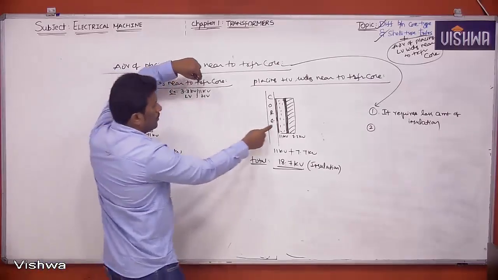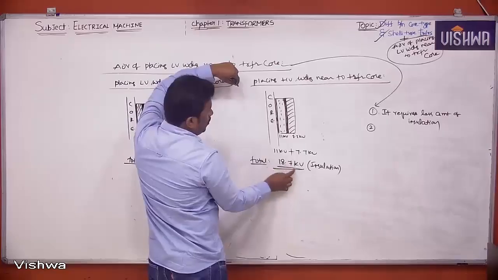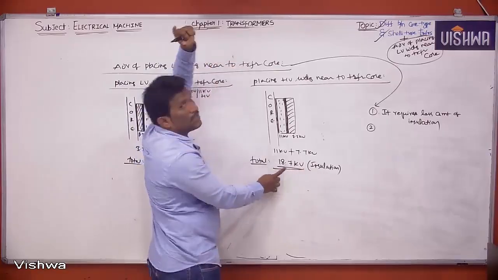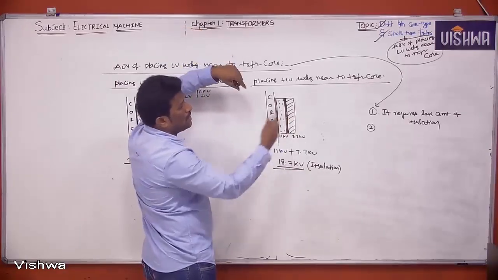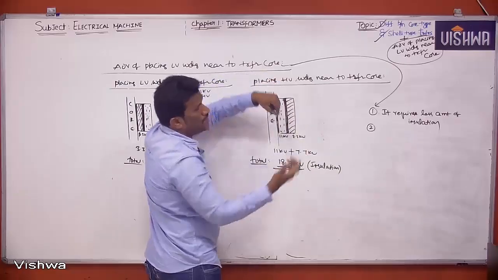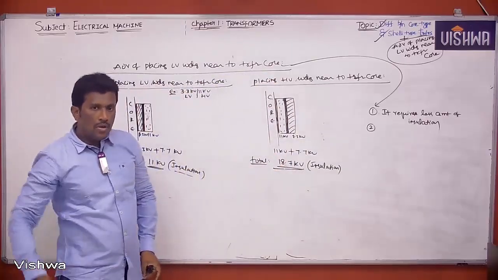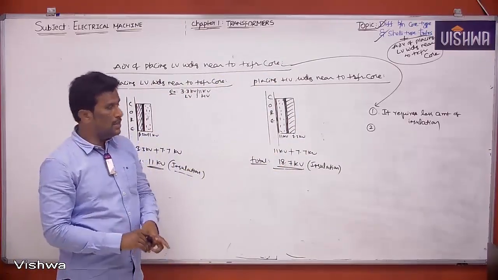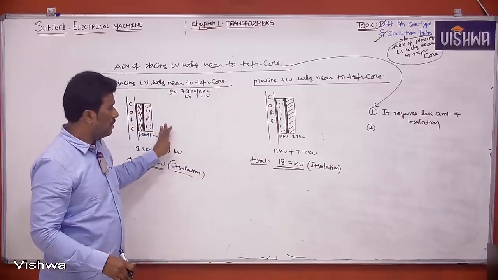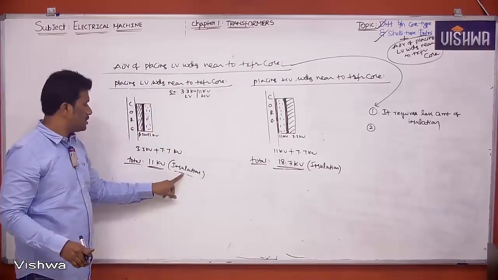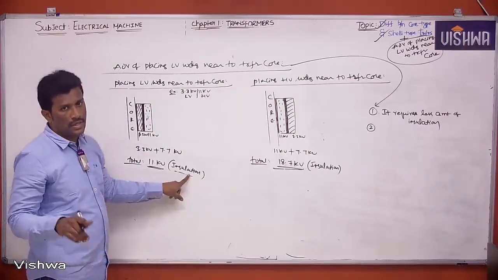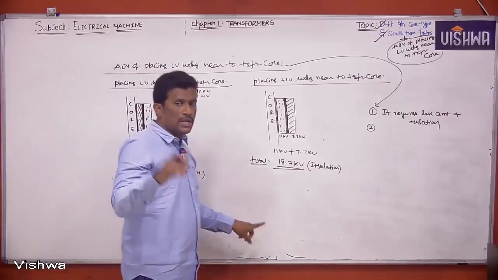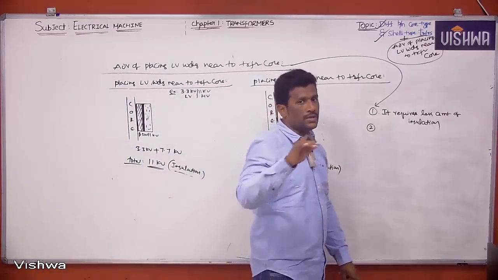But whereas here, the thickness of insulation is more because I require insulation corresponding to 18.7 kV. Whenever thickness increases, the requirement of copper material also increases. So size increases, cost increases in this case. But here, since the requirement of insulation is less, thickness of insulation is less, requirement of copper material is less, size reduces, cost reduces.